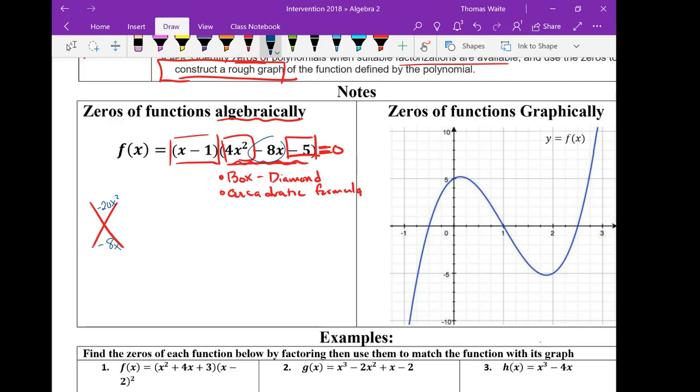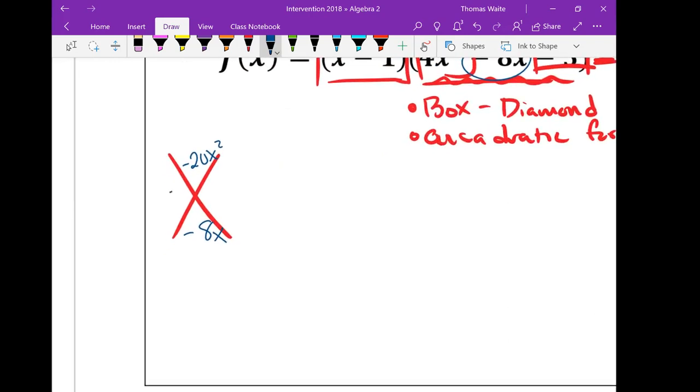So then, to fill in the rest of our diamond, we need numbers that multiply to make -20x squared, and add up to -8x. Let's see, factors of 20. There's 1 and 20, or -1 and 20. There's 2 and 10, and 4 and 5.